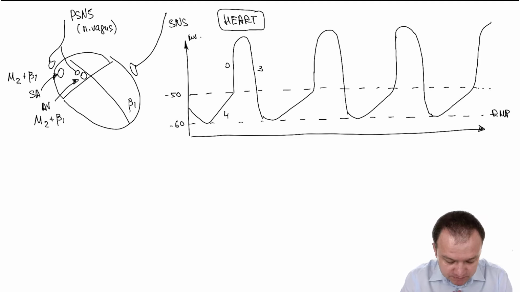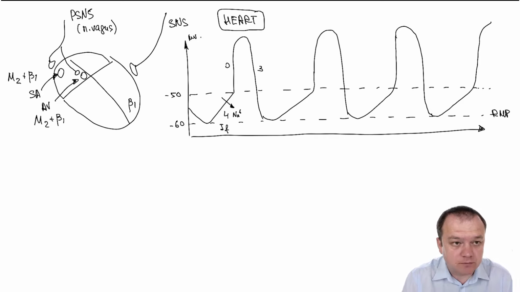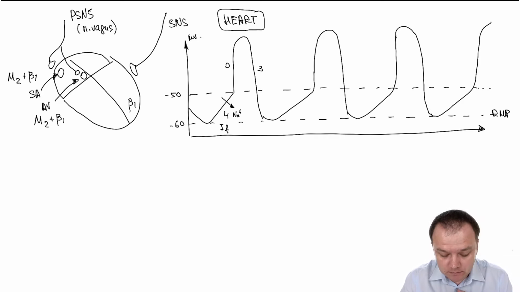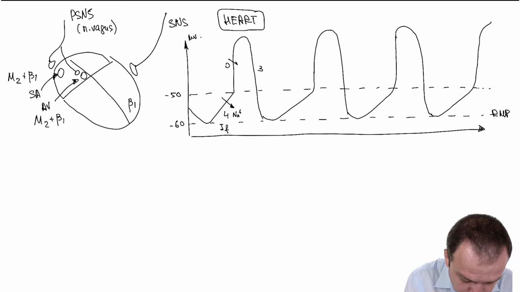But what is interesting is that in phase 4 we have sodium influx, right? And this sodium influx comes through the funny channels, the so-called funny current, or the funny sodium channels. And in phase 0 we have calcium influx.